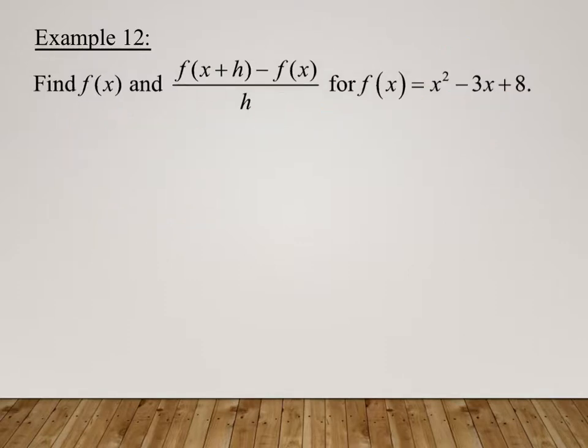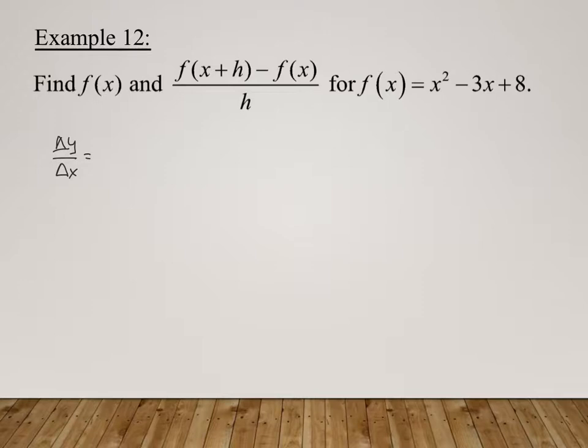Okay, we're going to apply this to this particular problem, example 12. Again, we're going to use the difference quotient idea. Now we're going to put in the first function plus h. Here is where you've got to be careful.